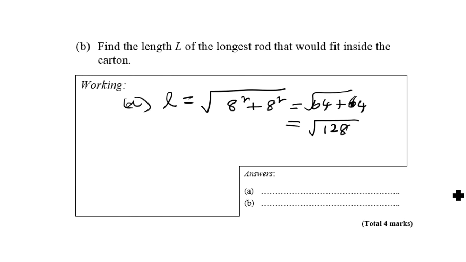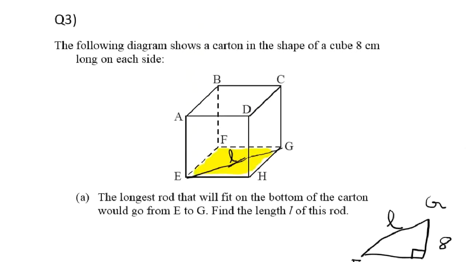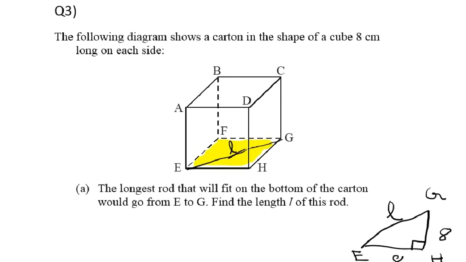Part B. Find the length L of the longest rod that would fit inside the carton. Inside the carton. Look at this. They are asking from here to the longest rod.